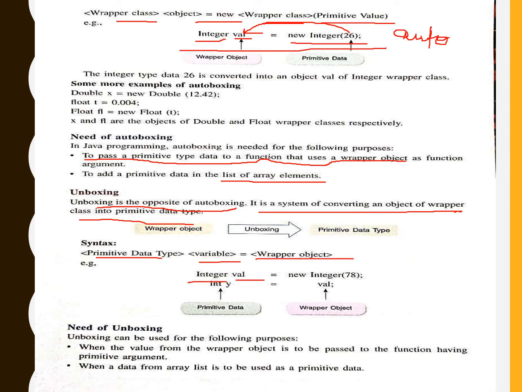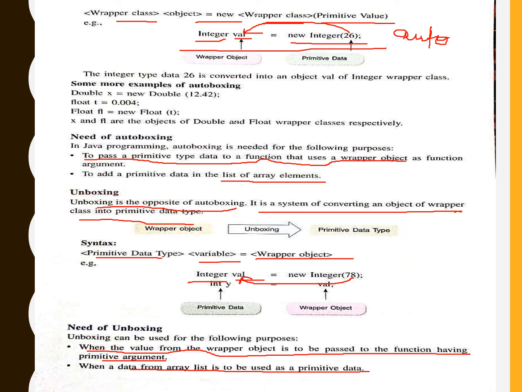Integer val = new Integer(78). So it will convert the 78 into a primitive data type integer. Need of unboxing: when the value from a wrapper class object is to be passed to a function having a primitive argument, or when the data from an array list is to be used as a primitive data type.